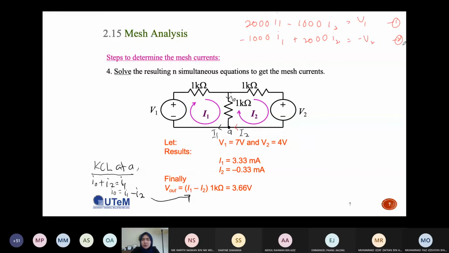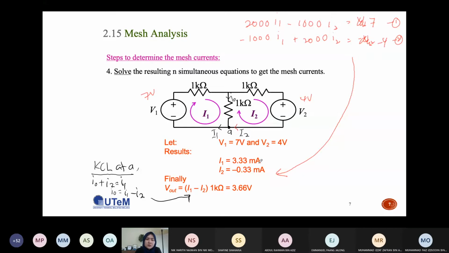So this is the second equation. So now I said that we assume V1 as 7 volt, V2 as 4 volt. So now we can change this to be 7, and you just use your calculator. Key in these values, you will directly get I1 equals to 3.33 milliamp and I2 equals to negative 0.33 milliamp. So you can try to use your calculator. You should get this using these two equations.